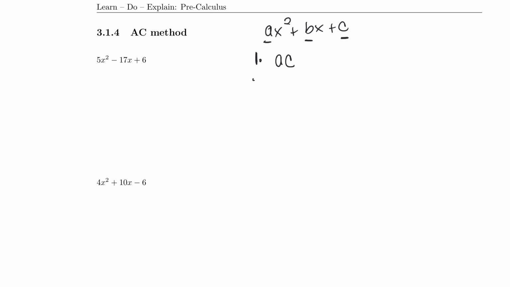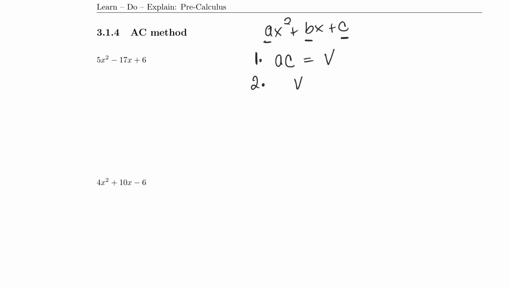The second step is to decompose this multiplication. So let's say the AC gave you a number, V, just to say a variable.